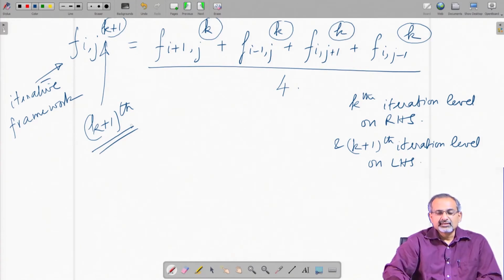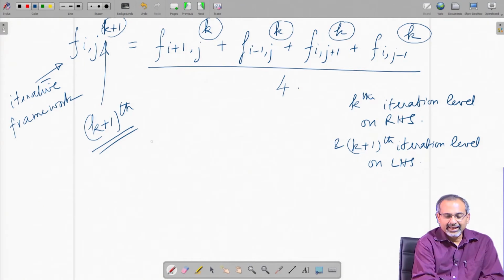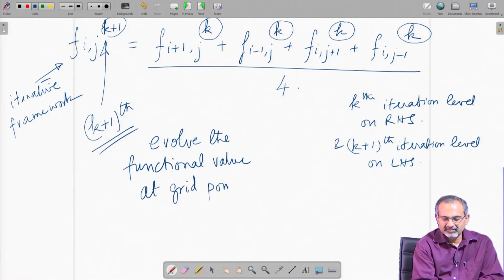So, this kind of a perspective will help you to evolve the functional value at grid point i j in a repetitive manner.